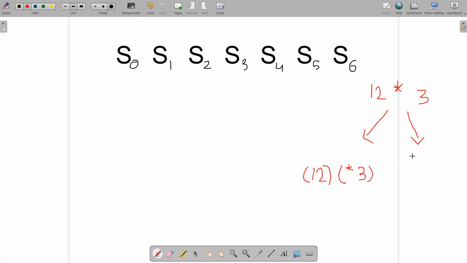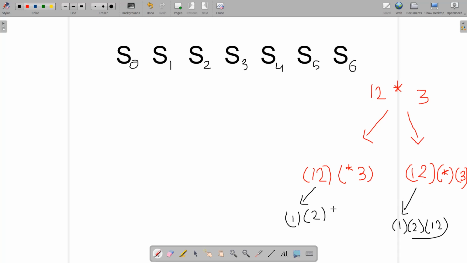This is a valid decoding. Now if we try to decode these strings further, we can decode 12 as 1 and 2, or as 12. Here you can see that there is something called overlapping.